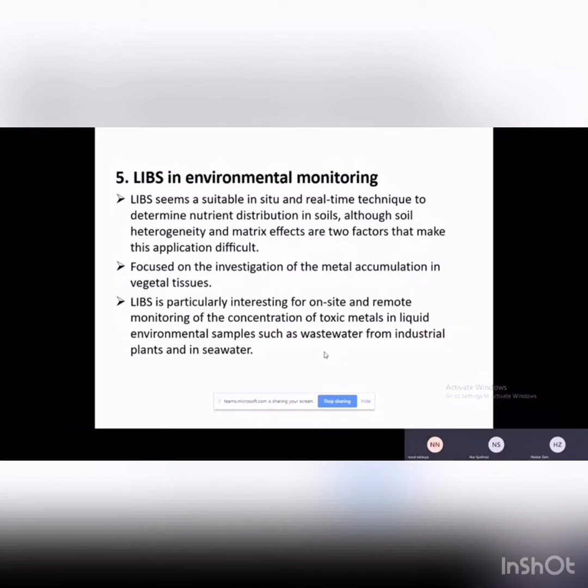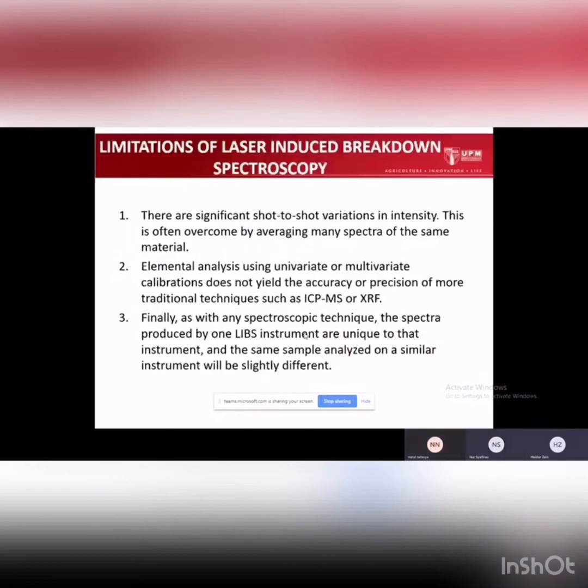Okay. So let's move to the limitations of laser induced breakdown spectroscopy. Firstly, there is significant shot-to-shot variation in intensity. This is largely because the laser does not interact with the sample in exactly the same manner from every laser pulse.